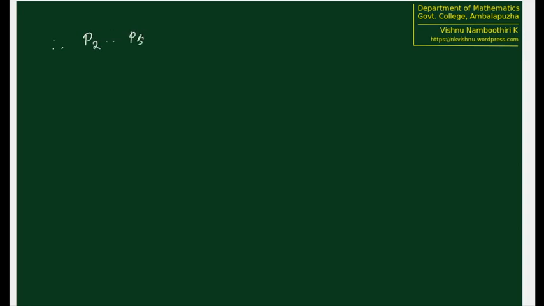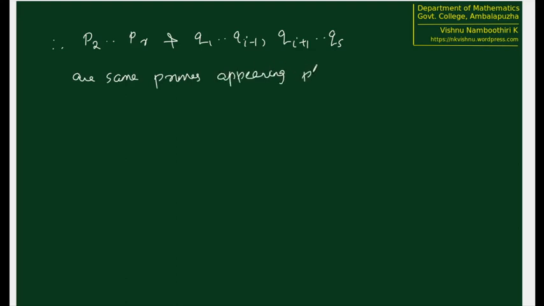Therefore p2, etc., pr and q1, etc., qi minus 1, qi plus 1, etc., qs are the same primes appearing possibly in different order.